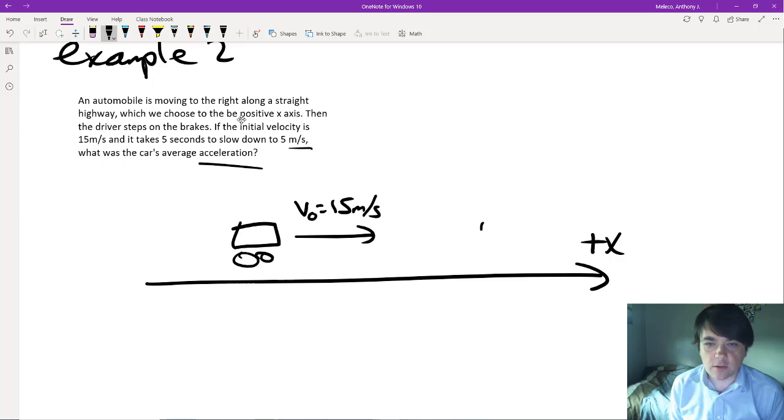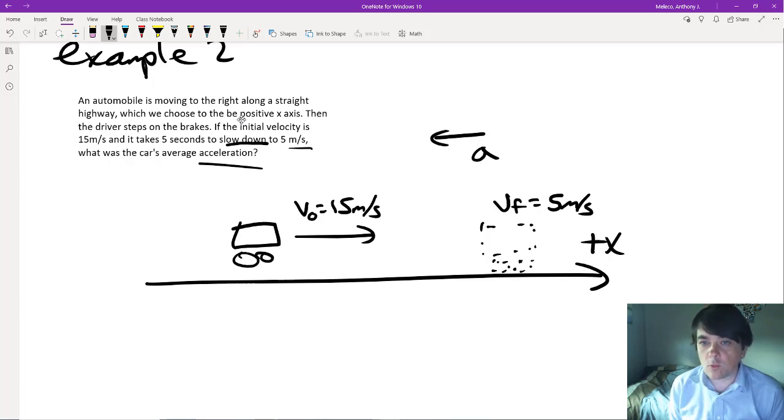And then what's happening is it's slowing down, and it's saying v final equals 5 meters per second. Now, when it slows down, that means that we have an acceleration to the left.